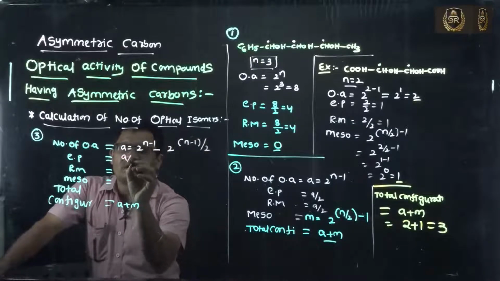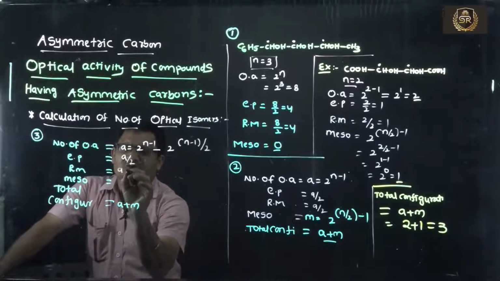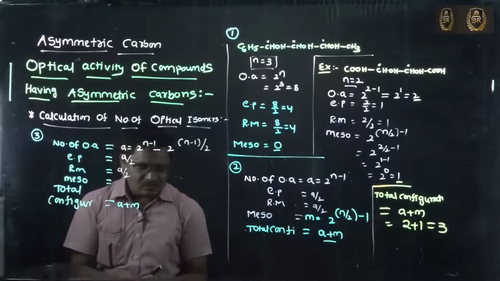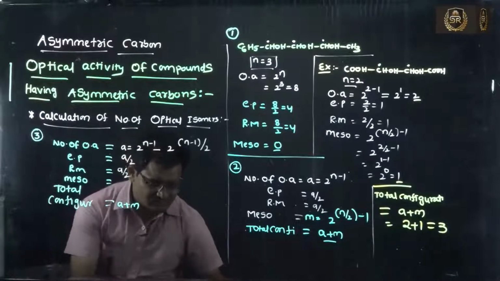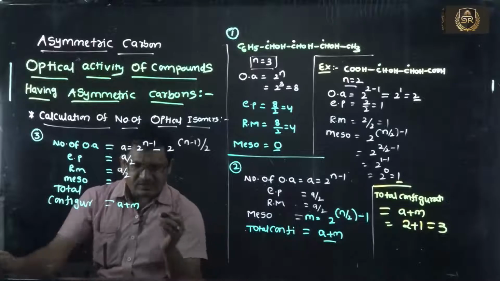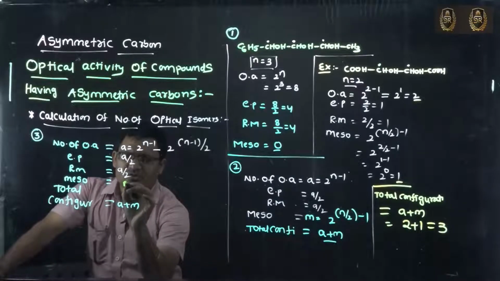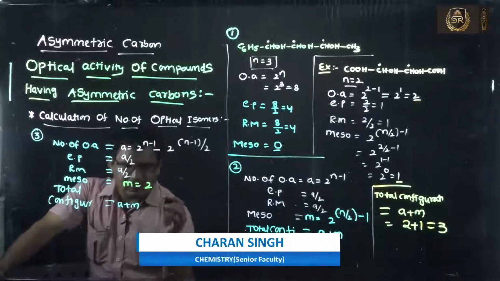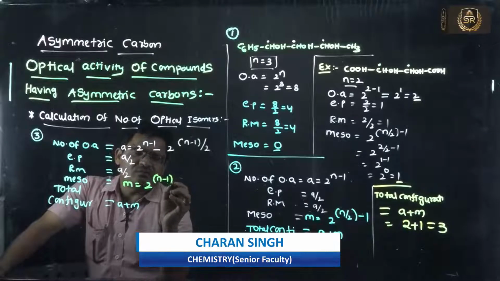Enantiomer pair is A by 2. Racemic mixture is also A by 2. This is no problem. But here meso is a small difference: M equal to 2 power n minus 1 by 2.